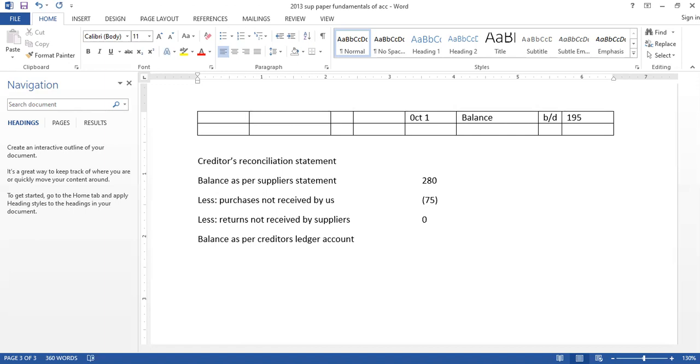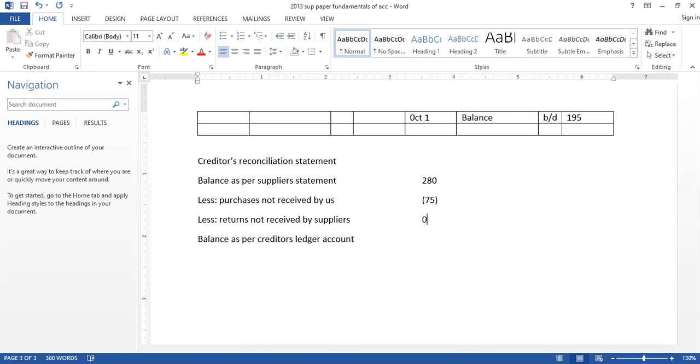All the returns that we made were received by our suppliers. If you check in your creditors ledger account, the returns are also shown in the supplier statement.